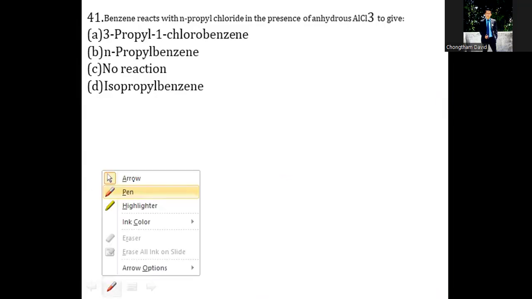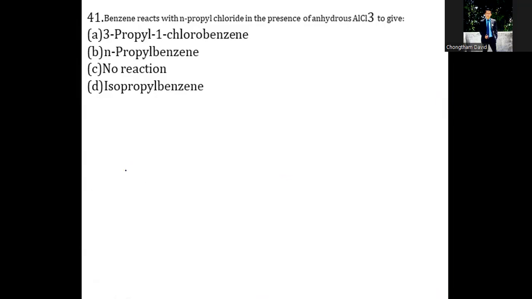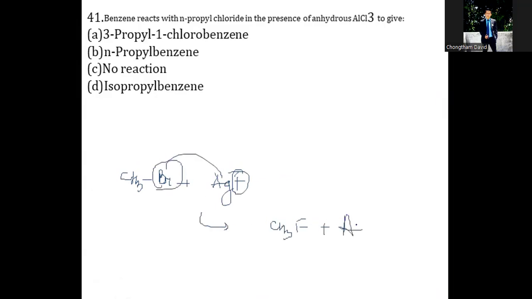These are all exchange of halogens. CH3Br, I want to form fluoroalkane. Exchange with this. This is your Swarts reaction, AgBr. So for question number 41, the answer is A.